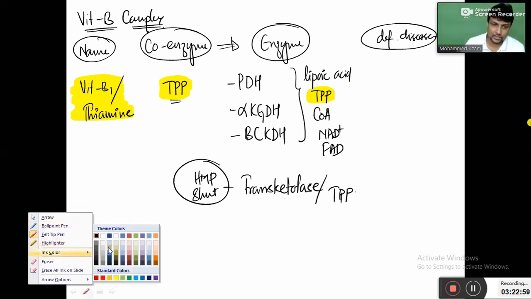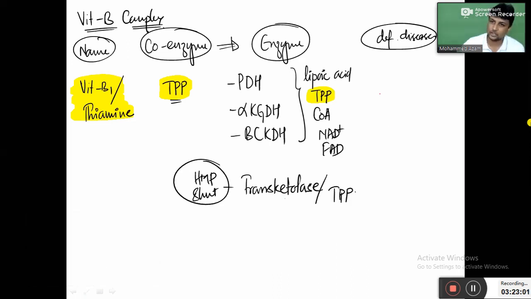Welcome to deficiency diseases. One of the oldest questions: vitamin B1 deficiency will lead to beriberi. Everyone knows this. Write that and forget that. Nowadays they are not at all asking beriberi. Now listen here, the latest trending question. If there is vitamin B1 deficiency, there will be no TPP.